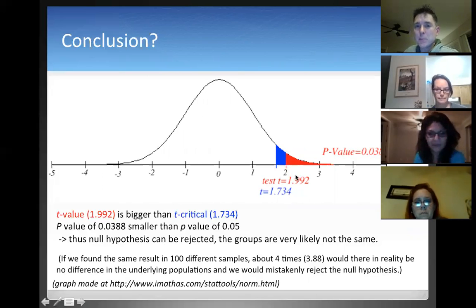It would still not be statistically significant, so we would retain the null. So the critical t-value is what moves around, and this critical t-value depends on the sample size.